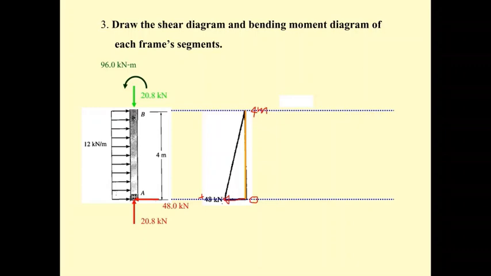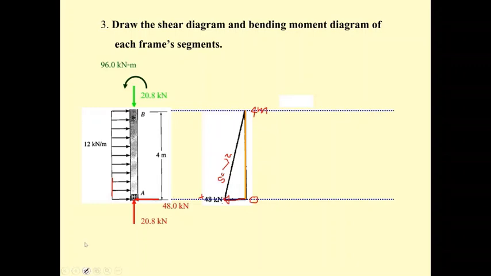And then you come over here, the slope dV by dx is going to be minus 12. So by doing this, the slope here is going to be equal to minus 12. Okay, that's a very bad drawing.